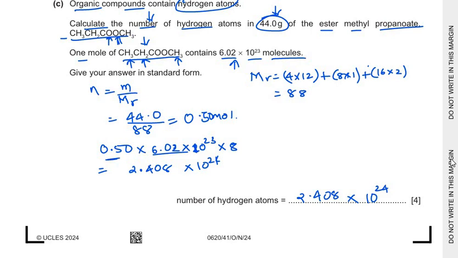The moles is multiplied by Avogadro's constant, that is 6.02 × 10^23, to get the number of molecules in this given mole. Now per molecule contains 8 hydrogens, so again we need to multiply by 8 to get the number of hydrogen atoms present in 0.50 moles.